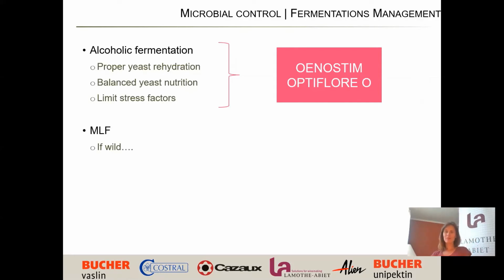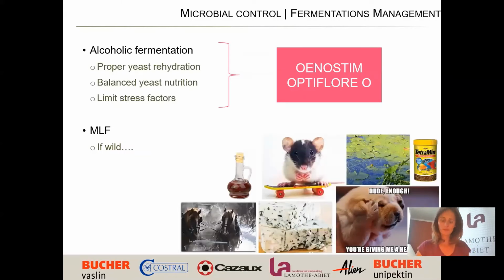Then when we arrive at the malolactic part, that's where it gets a little bit more complex. Alcoholic fermentation wild is fine. Now, if we control and look at the kinetics very carefully, there is no problem. Malolactic wild, that's where there is a little bit more danger, because as soon as you let a bacteria go wild, you don't know for sure that it's going to be Oenococcus oeni.